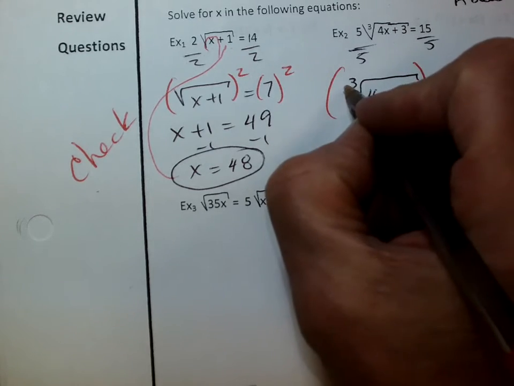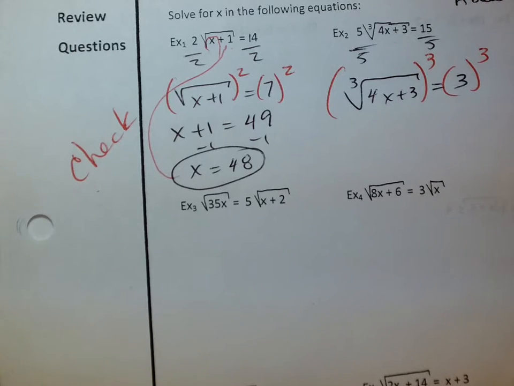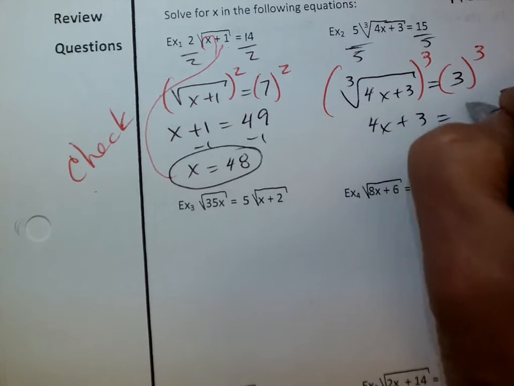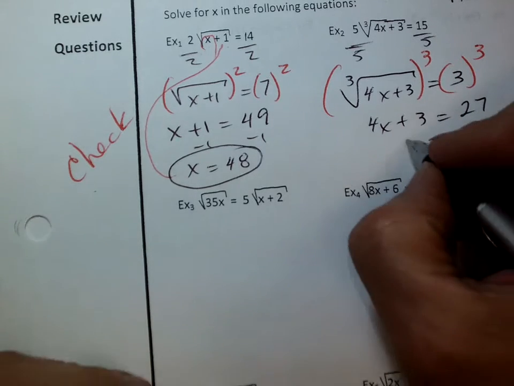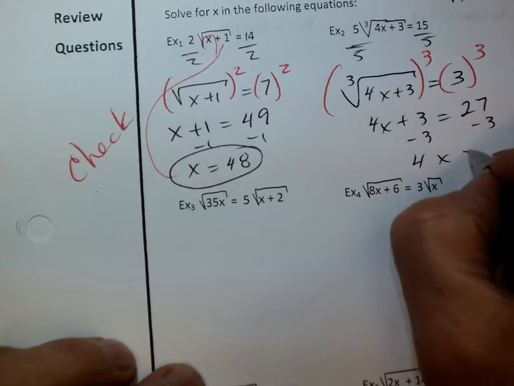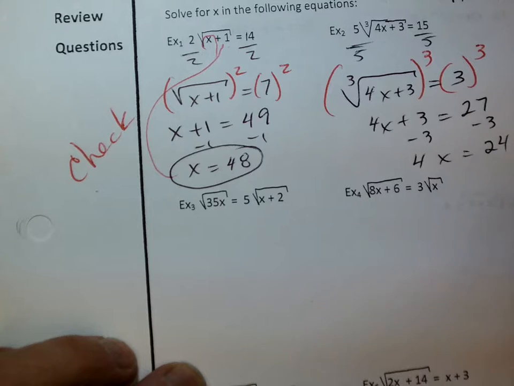To get rid of the cube root, we'll cube both sides, because that will cancel out the cube root. So then we just have 4x plus 3 equals 27. 3 times 3 is 9 times 3 is 27. Minus 3, I've got 4x equals 24. Divide by 4 and x is 6.